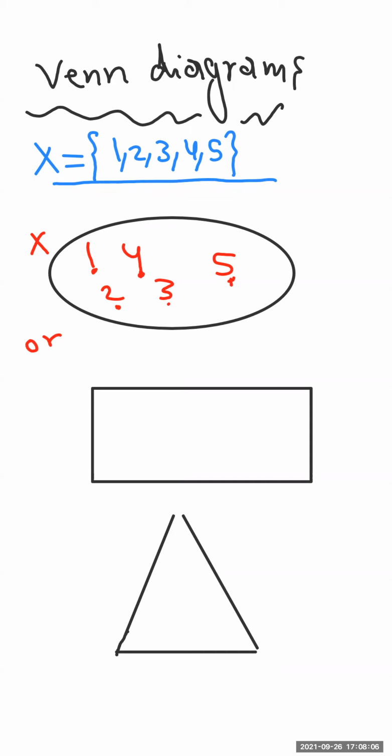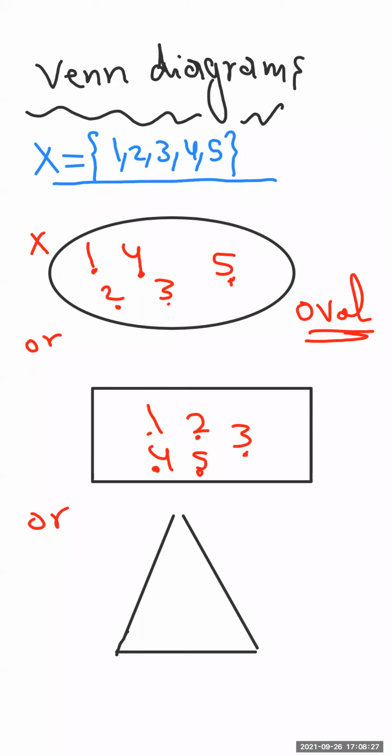All are correct, and the most common and familiar one is the oval, the first one. Here we can represent it like this: 1, 2, 3, 4, 5. Or I can represent them using the rectangle: 1, 2, 3, 4, 5, like that.